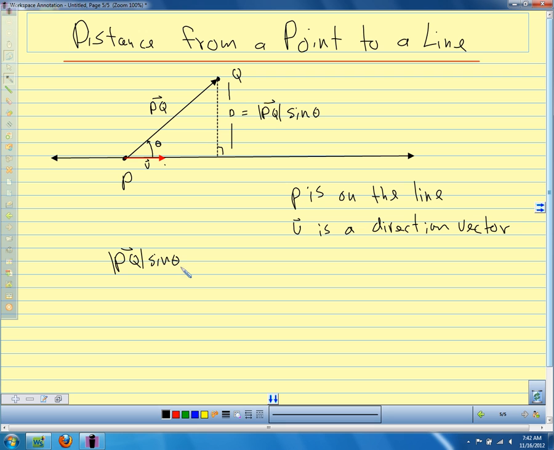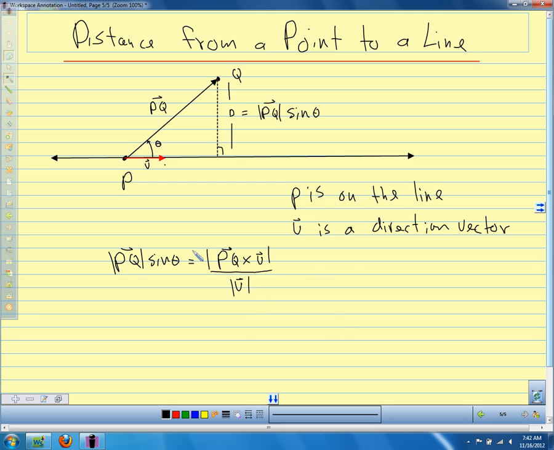It's part of the cross product, right? The magnitude of PQ sine theta is equal to the magnitude of PQ cross U over the length of U, because the magnitude of PQ cross U is the magnitude of PQ times the magnitude of U times the sine of the angle between the two vectors.